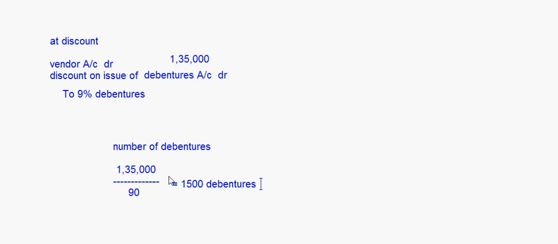Now 1,500 debentures are issued, and the actual value of the debentures is 100 rupees, so here it should be 1,50,000. This 1,50,000 is 1,500 debentures into 100 rupees.